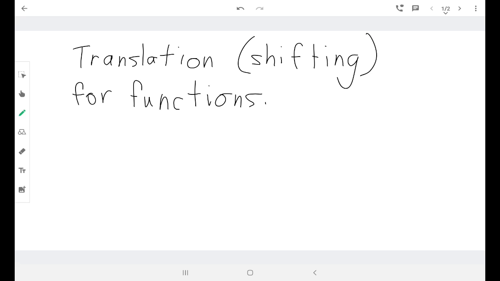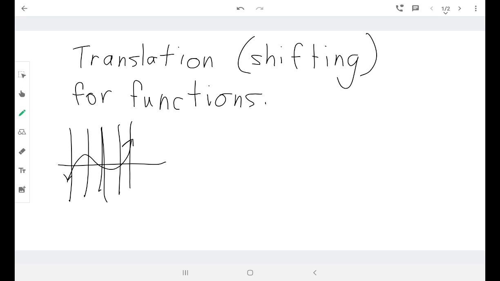Functions are graphs that pass the vertical line test. A function might look like this. As long as anywhere where I put a vertical line, I only touch one part of the graph at a time, it is a function. So this is an example of a function.